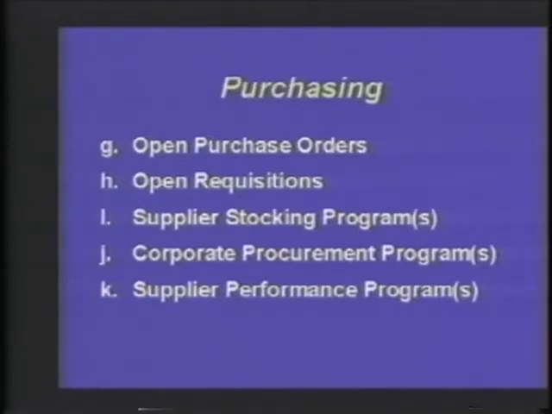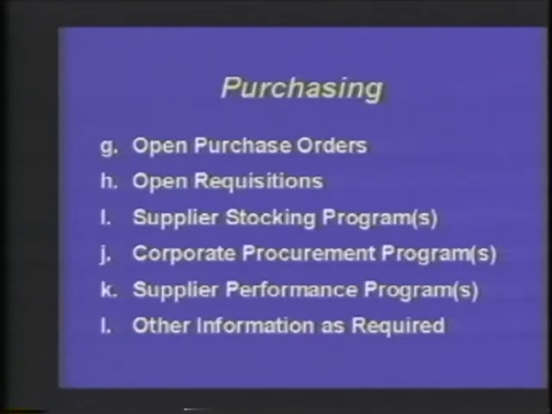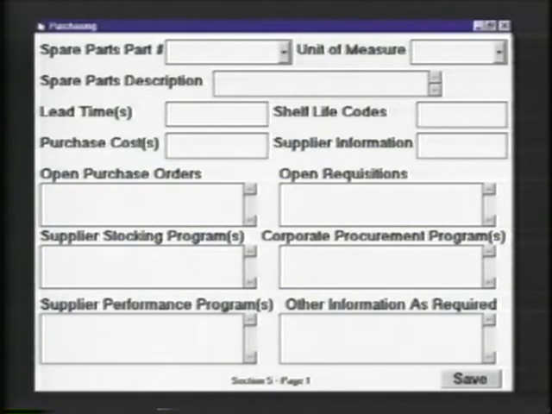K is the supplier performance report, and like I said earlier, we're going to review the data elements that comprise it, walk you through how you would develop it, and that really would be the input into a vendor certification program. Now again, the last item, L, represents additional information that you may want to define in the purchasing activity.